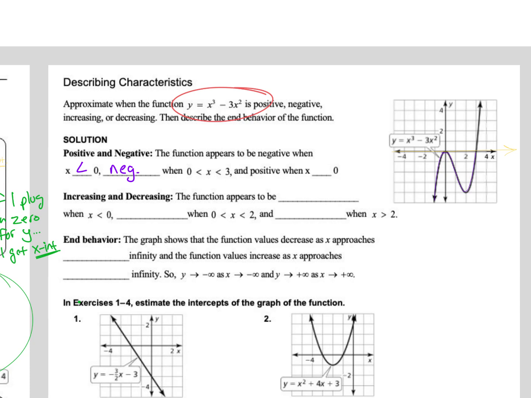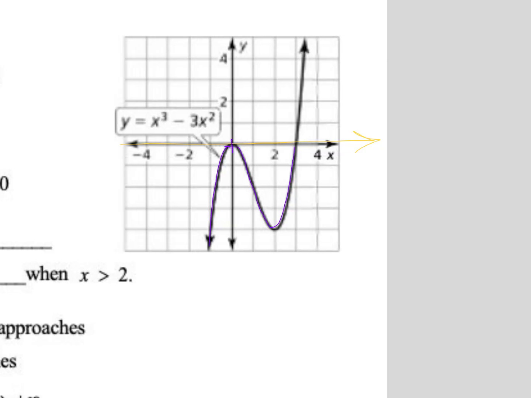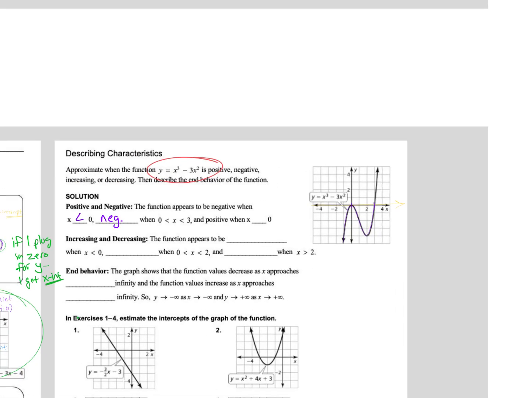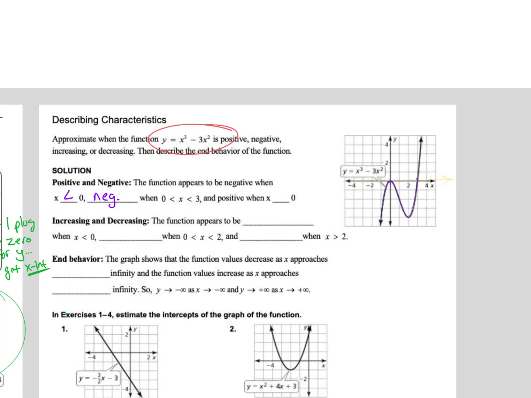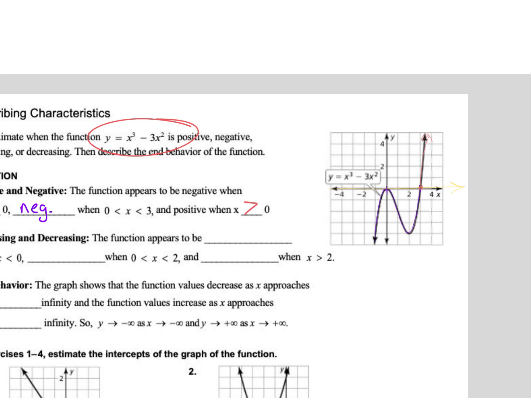Oh, okay, I didn't really pay attention ahead of time. It's already telling us that from 0 to 3, it's actually negative for more than that. However, we're going to go with what it says, right? And then it's positive over here from 3 and on, right? So when x is greater than 3.